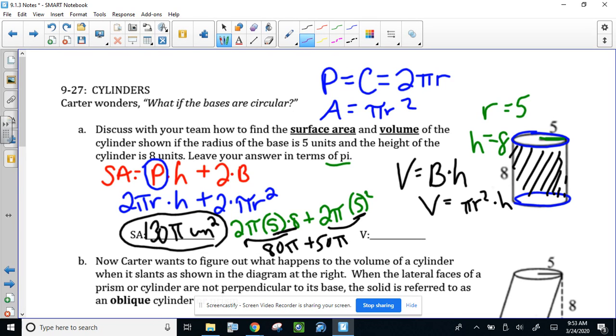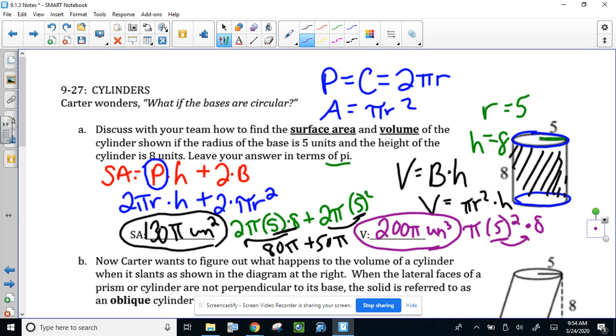Here again, we know our radius is 5 and our height is 8. So really it's just 25 times 8, which gives us a volume of 200 pi, and units cubed on there. And that's how we do our volume for cylinders.